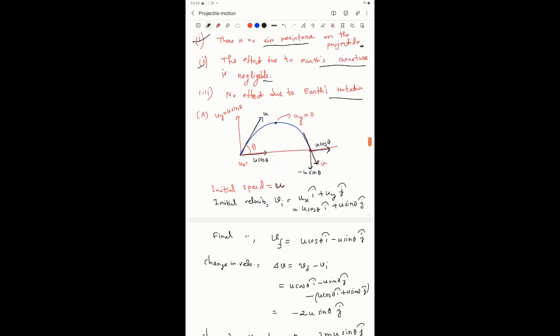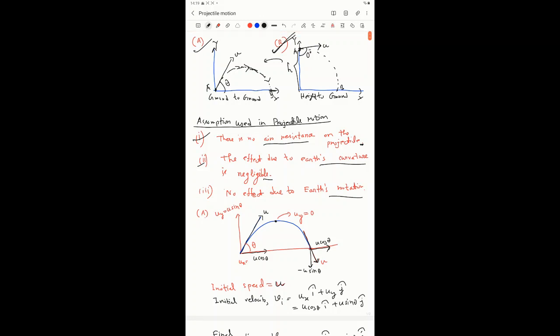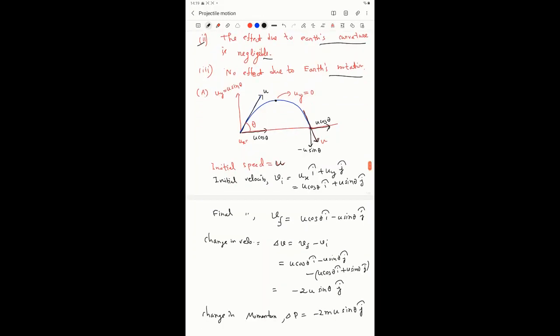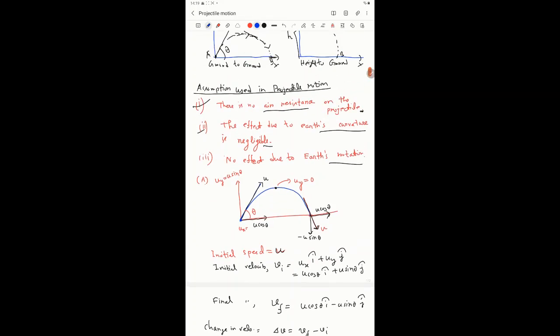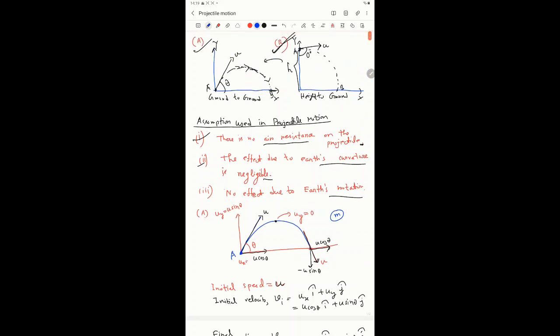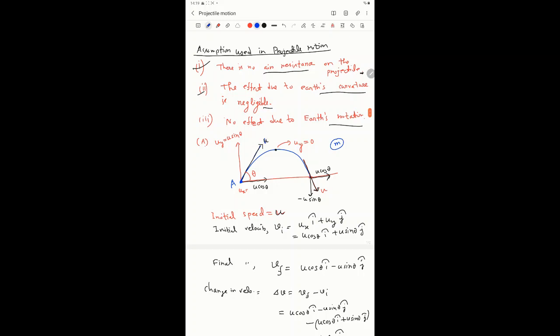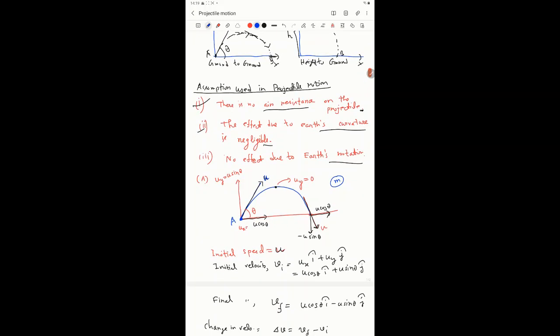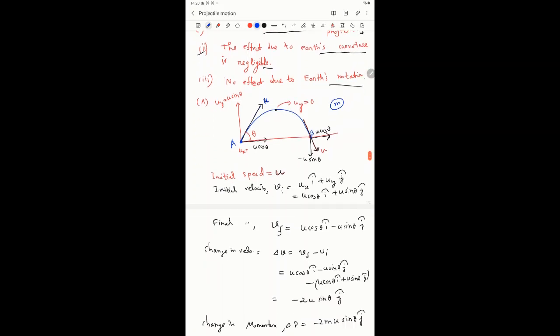Now let us discuss the ground to ground projectile motion. Let's assume that a particle of mass m is projected from point A with an initial speed of u, and we are collecting this particle at point B. The particle is traversing this path.